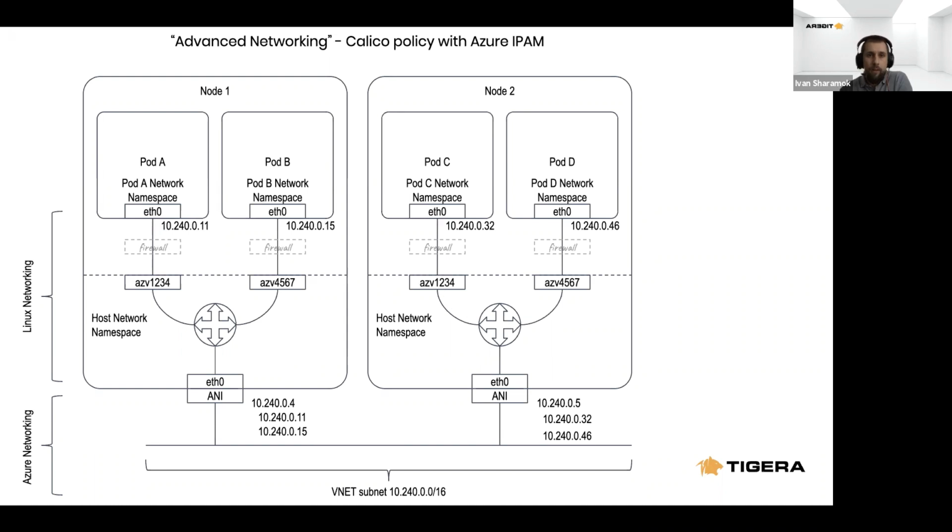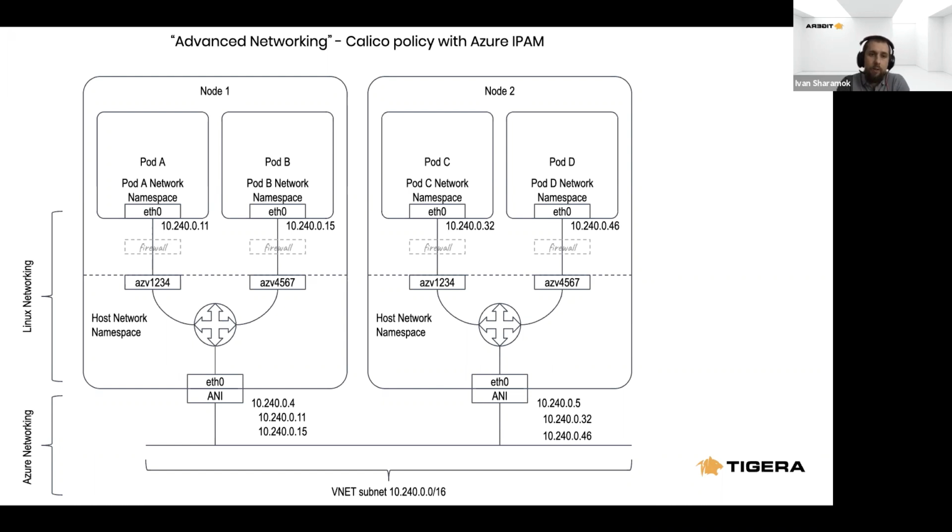And the next option that I want to show is the Azure CNI configuration with Azure IPAM. So in this case, you can see that the Calico interface is replaced with AZV. That's how, when Azure CNI is used, all interfaces are going to have that prefix.